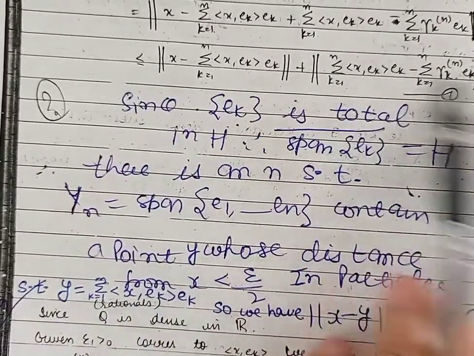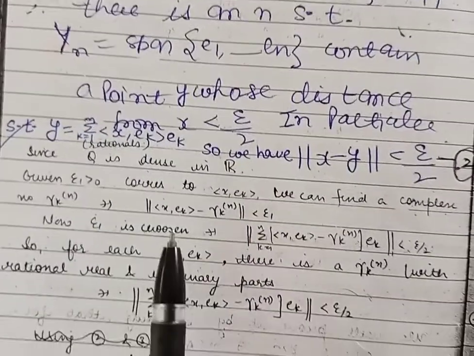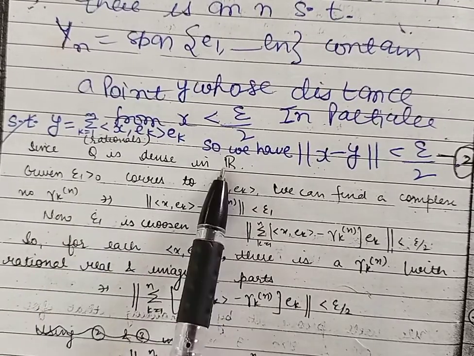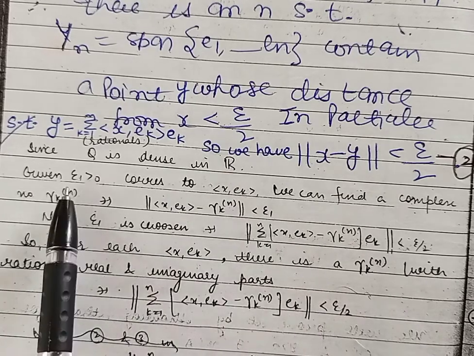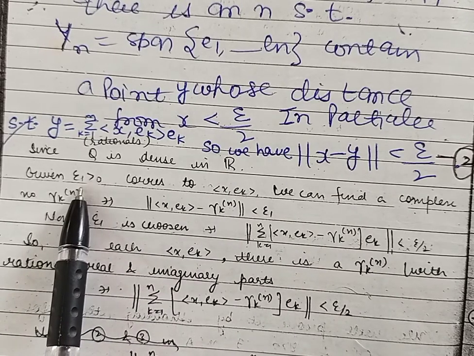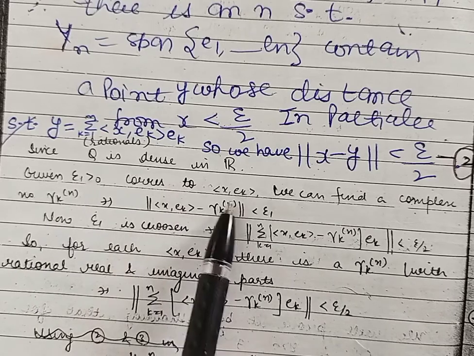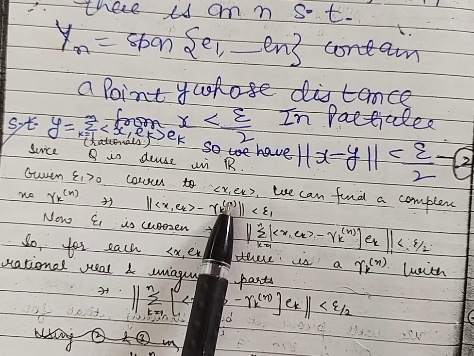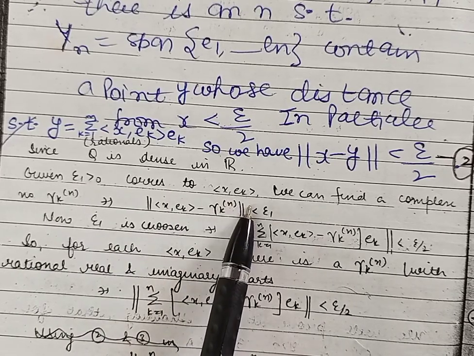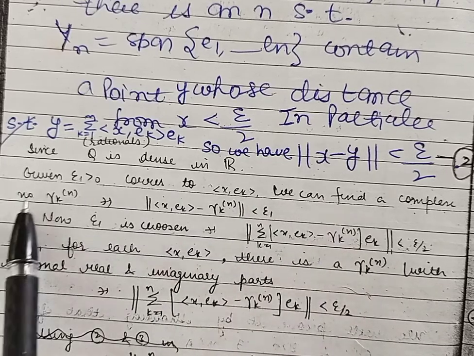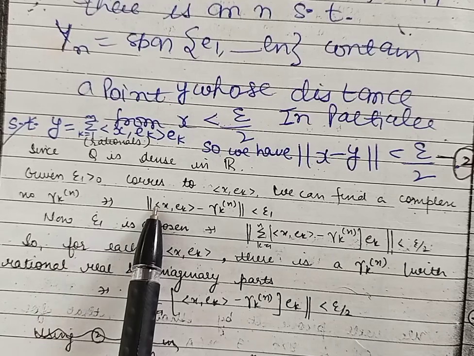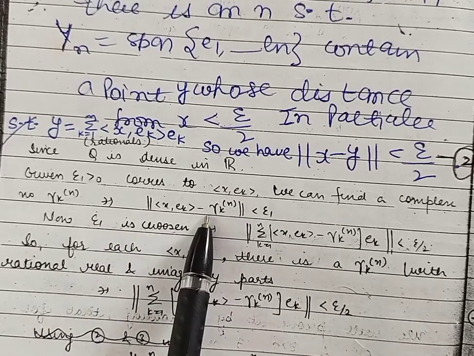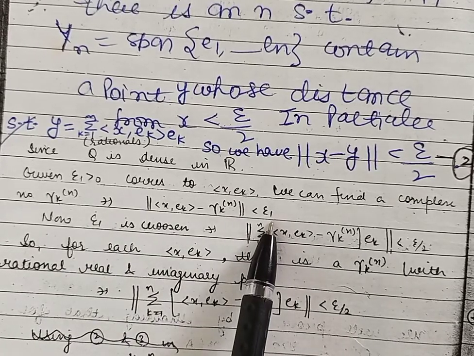Now we consider this quantity. Because the set of rational numbers is dense in the set of real numbers, for a given epsilon_1 greater than 0, corresponding to every Fourier coefficient, which is given by the inner product of x with e_k, we can find a complex number gamma_kn such that the absolute value of the difference of these two numbers is less than epsilon_1.